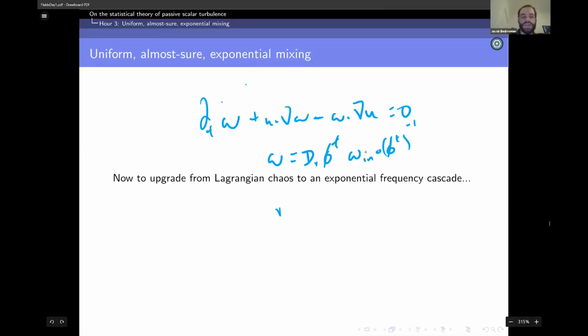This is the frozen in law. And so exponential stretching of the flow map, you believe in your heart, should mean exponentially fast vortex stretching. And it really seems like it should do that, right?